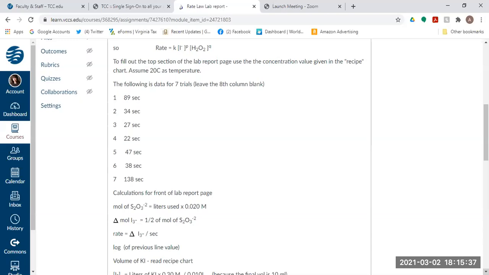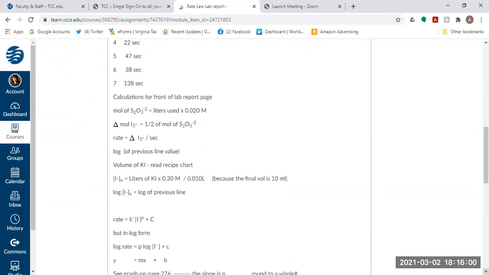So here is your data. There are 8 columns on the report page. You can leave the 8th one blank. Your time is basically the time it takes for it to change color. Utilize this data, 89 down through 138. Then it will ask you to calculate such things as how many moles of thiosulfate.